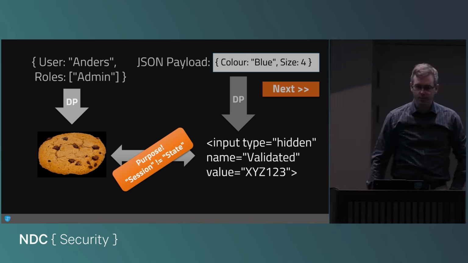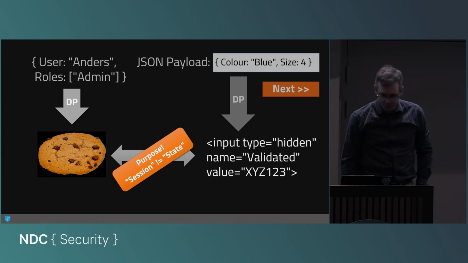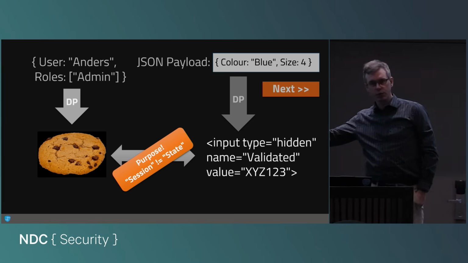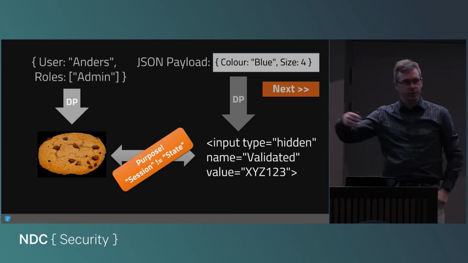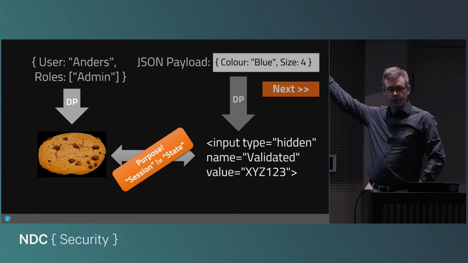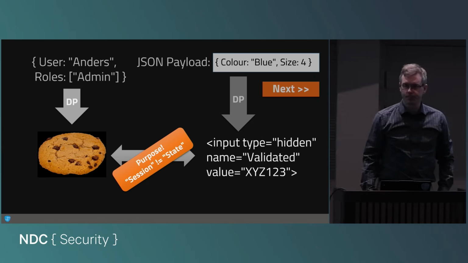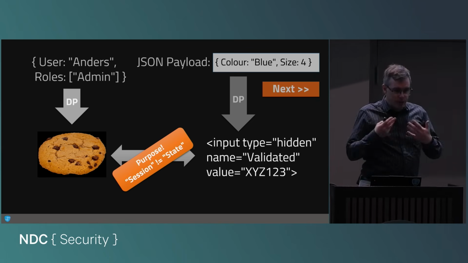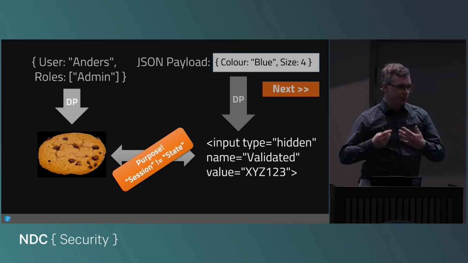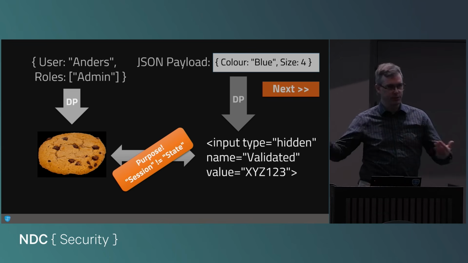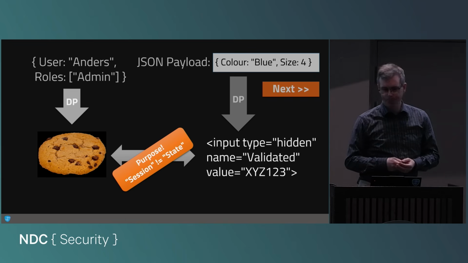And here's where the purpose matters, because the purpose is part of the key derivation function and ensures that if I try to reuse encrypted text that was used for the wizard, it's not possible to use that as a cookie. So the only thing you need to know when using ASP.NET Core data protection is that you need to have a unique purpose each time you use it, if you use it in different places in your application.